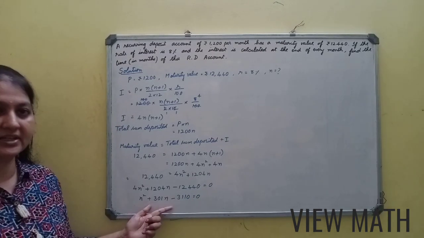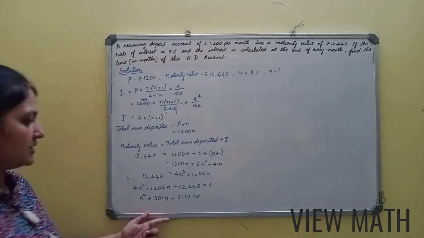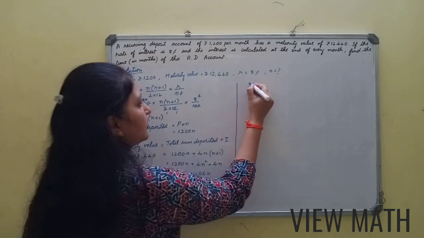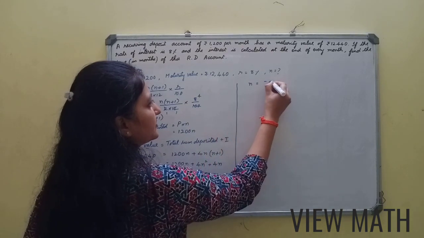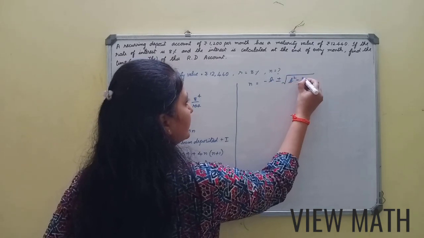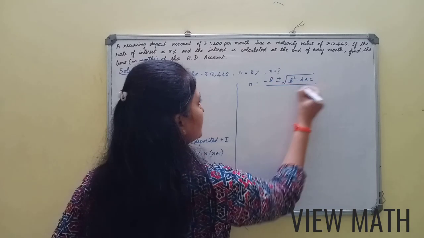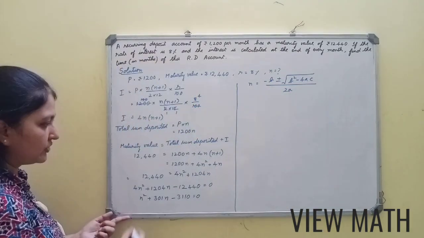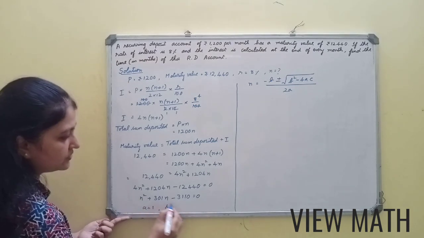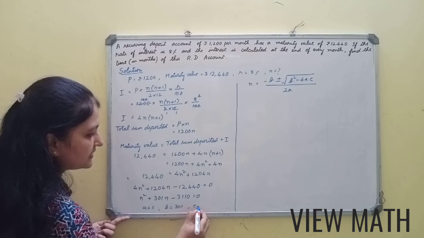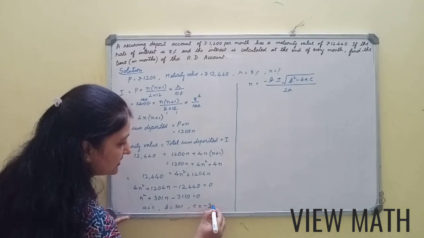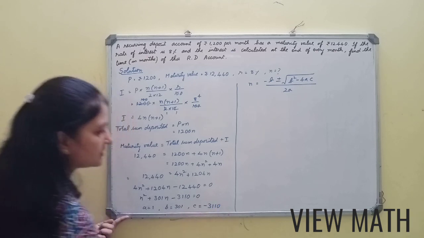Now you can see this is a quadratic equation. I have to solve the quadratic equation. I can use this formula, minus b plus or minus square root of b square minus 4ac by 2a. So here a is equal to 1, b is equal to 301 and c is equal to, we should not forget the negative sign, minus 1110.